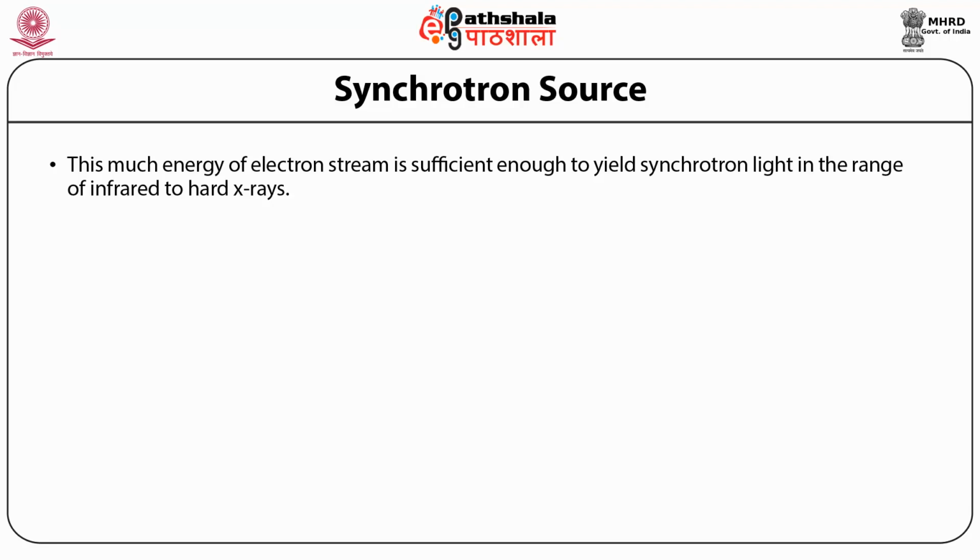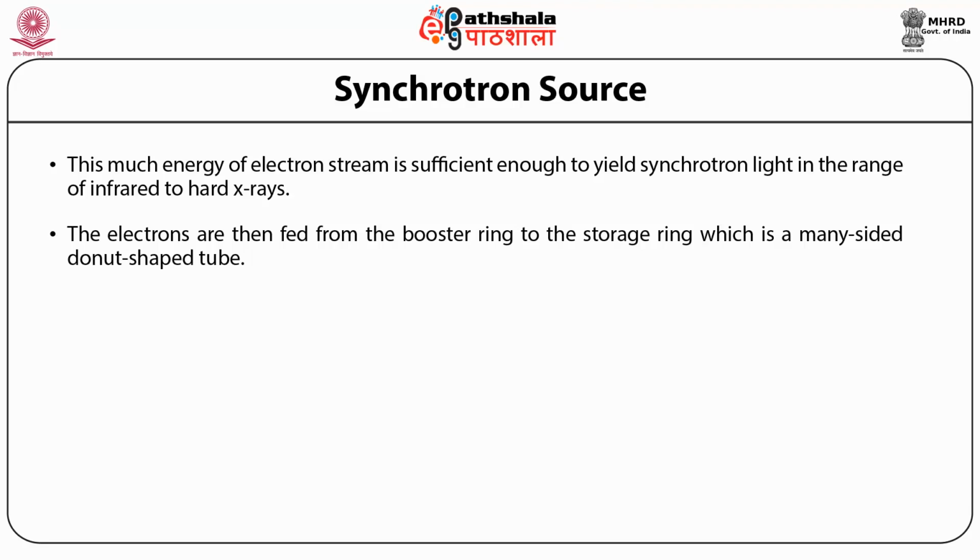The electrons are then fed from the booster ring to the storage ring, which is a many-sided donut-shaped tube.